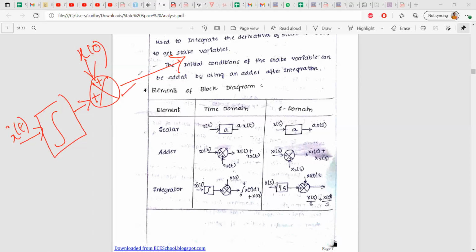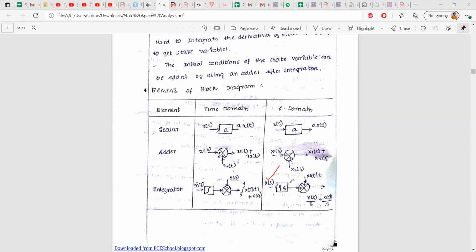X of t plus x of 0. Right, very good. Why? Because after integration we are getting the signal x of t to this summer. So the output is x of t plus x of 0. Similarly in S domain, x of s multiplied by 1 by s, plus x of 0 by s.